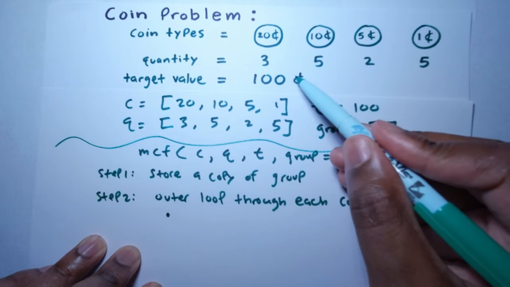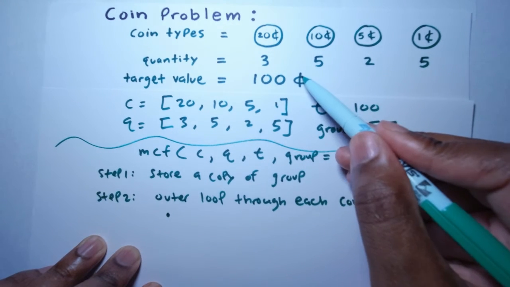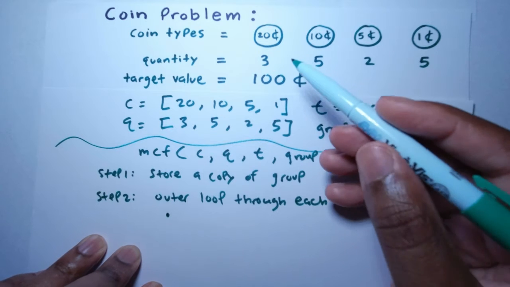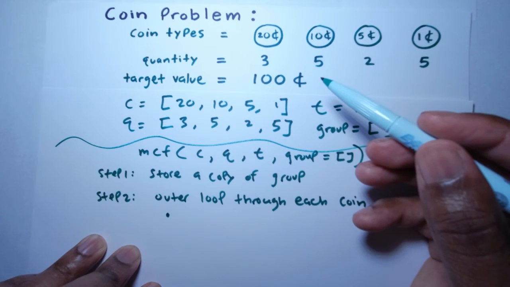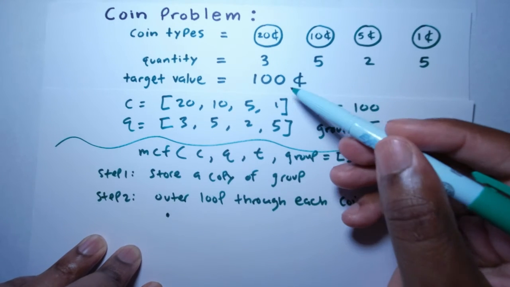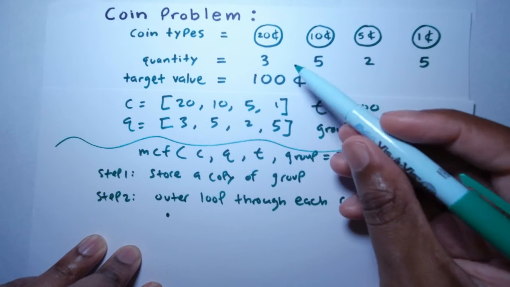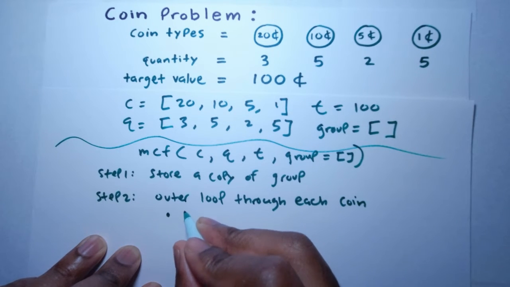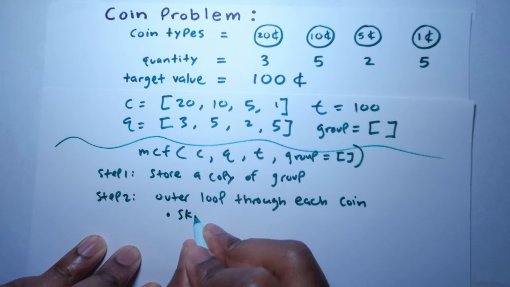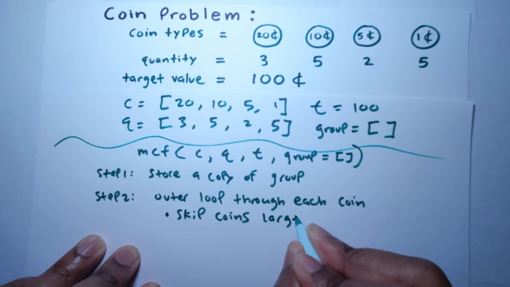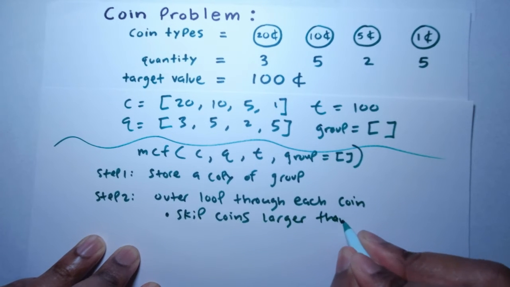So for example, here our target is 100. Let's suppose that we had a coin that was like 200, right? If we had a coin that was 200, it wouldn't make sense to consider that coin because no matter what number we added 200 to, it's always going to be more than 100, right? So there's no way we can get 100 as a target. So automatically we want to skip coins which are too large. So skip coins larger than T.